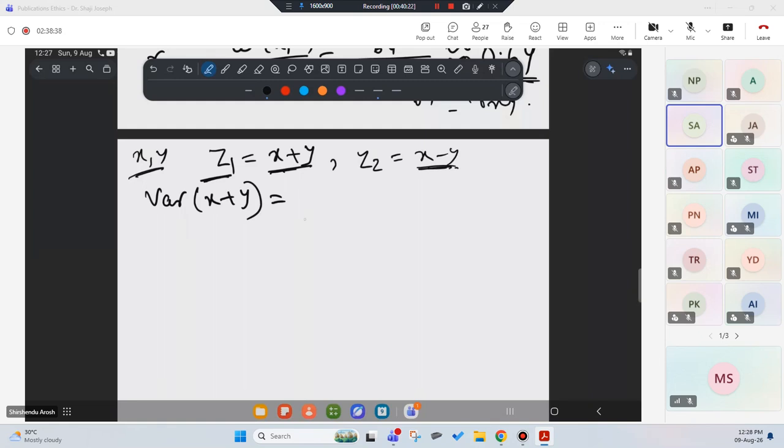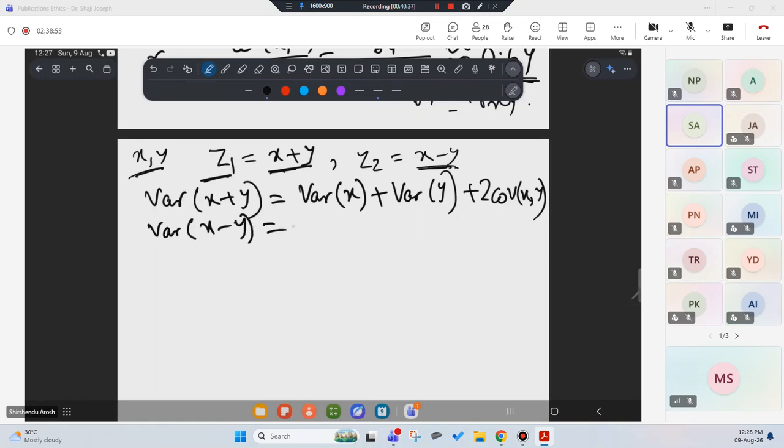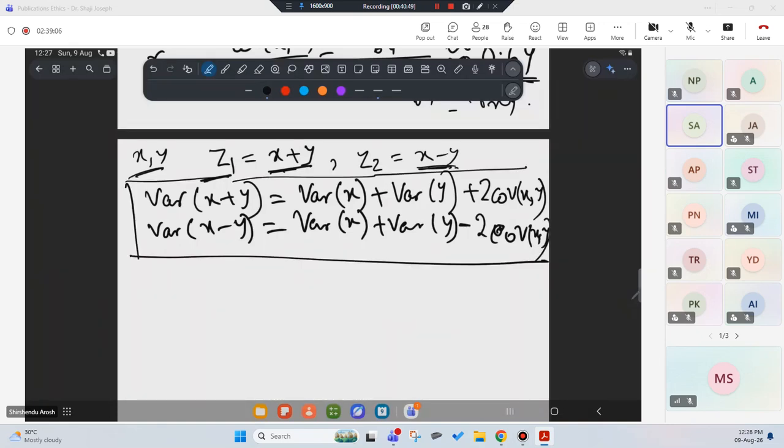So variance of x plus variance of y plus 2 covariance of x comma y. And similarly, variance of x minus y would become variance of x plus variance of y minus 2 covariance of x comma y. These are the two formulas, and of course, there is a covariance here.